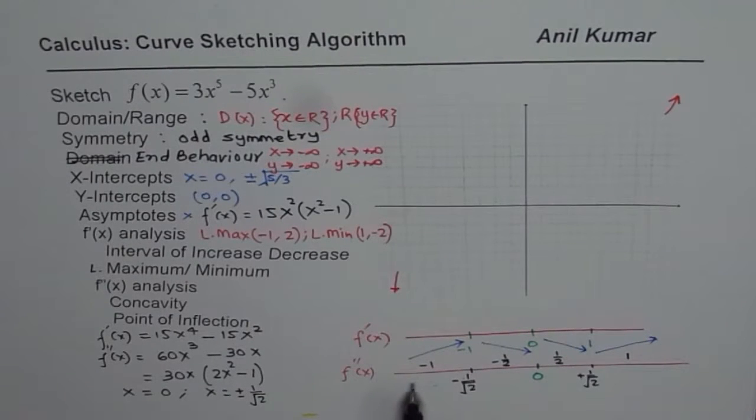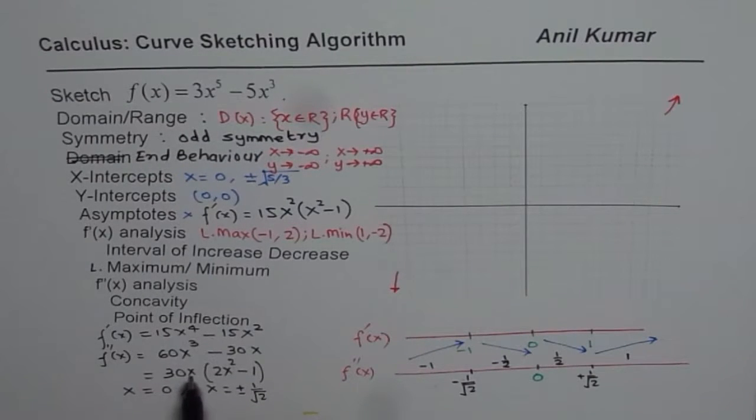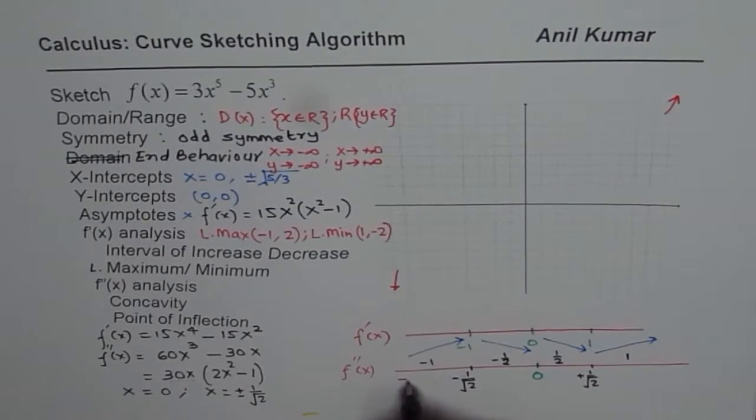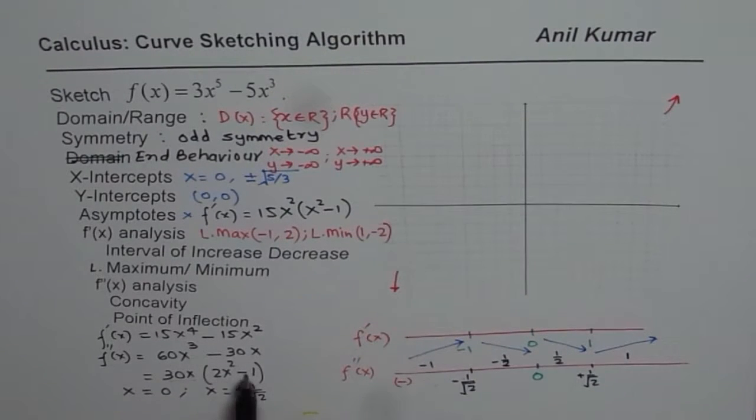Now let us try to find the concavity in these intervals. In the interval from minus infinity to minus 1 over square root 2, if I substitute minus 1 in the given equation, what do I get? Minus 1 will make the first term 30x negative. So we have negative times the second term.